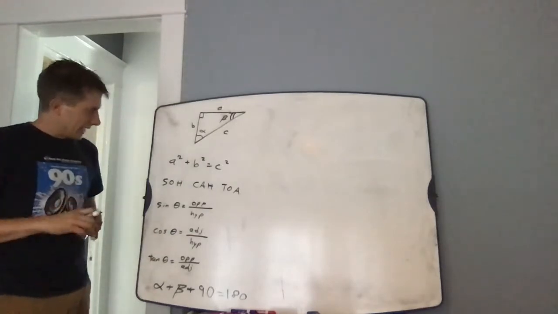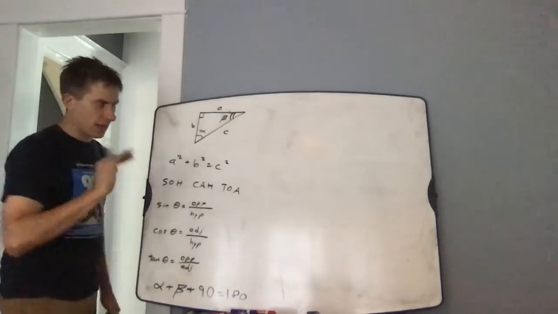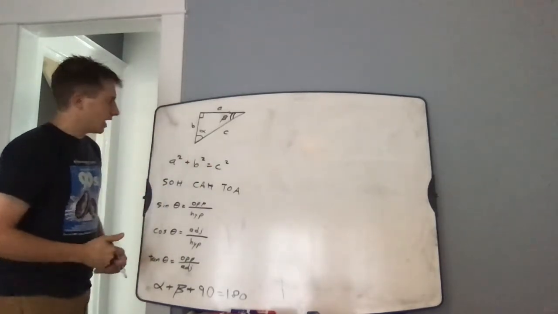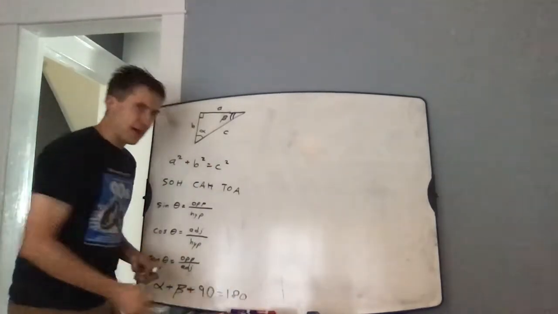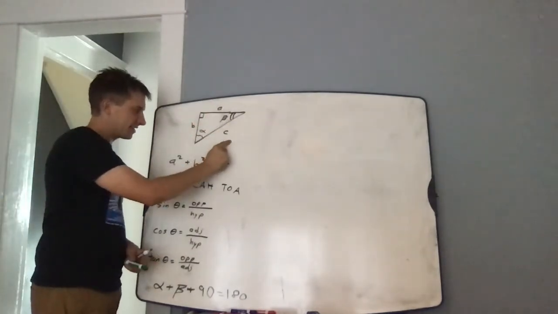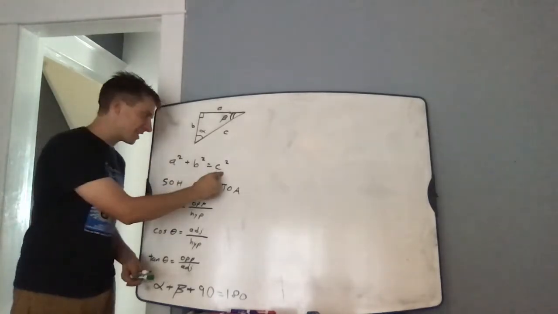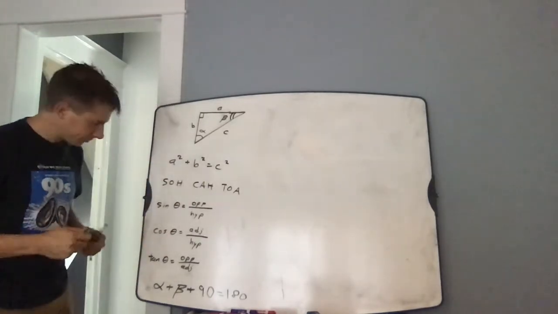There are some other relationships that will be important in this course, but I'm going to discuss them shortly. For example, if I give you the lengths of side A and side C, you could use the Pythagorean theorem. You plug in the numbers I give you for A and C, and solve for side B.